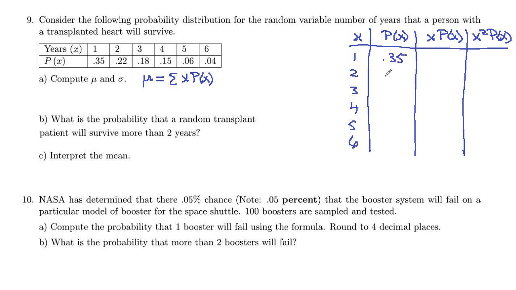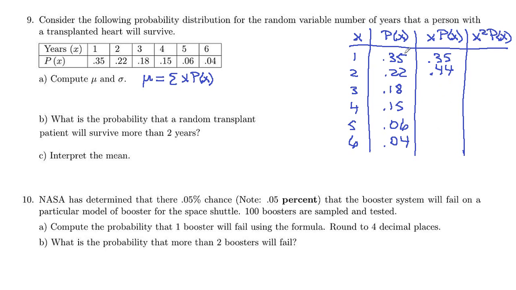0.35, 0.22, 0.18, 0.15, 0.06, and 0.04. So x times probability of x, so 1 times 0.35, 0.35, 2 times 0.22, 0.44, and so on, all the way down.